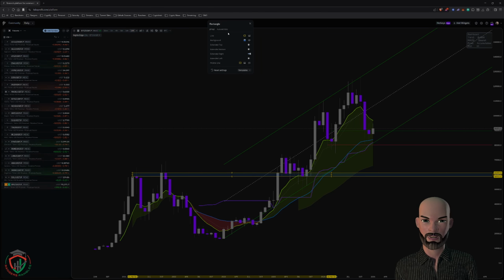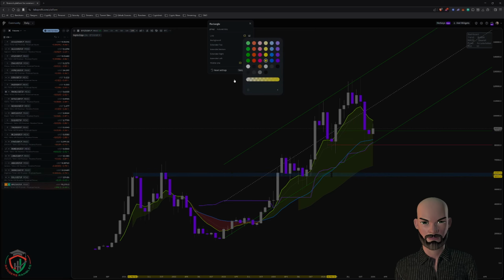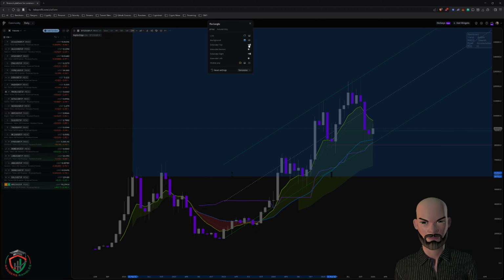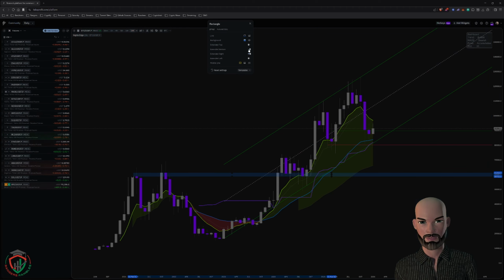Okay, interesting. That does the middle. Don't want to do all the way. Background. Let's make it a little bit more transparent there. Okay. Extended top. Interesting.